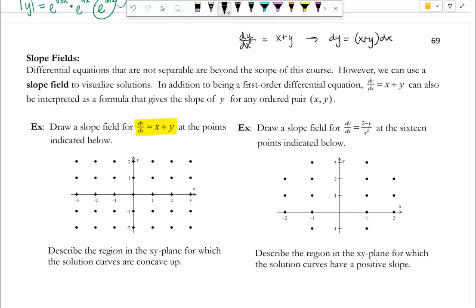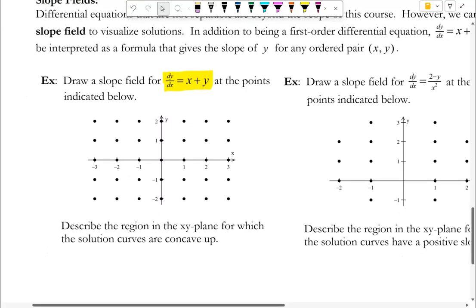It's grouped. I can't subtract y from both sides, because dy minus y, one, that doesn't work. It needs to be multiplication. And two, that x plus y is grouped in parentheses. So this is not a separable differential equation. We're not going to be able to find a solution with the strategies that we have right now.